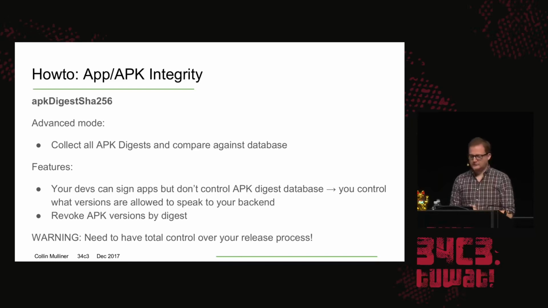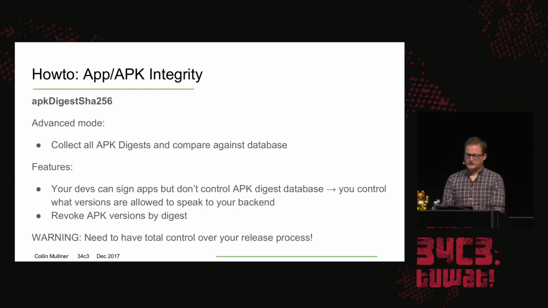With that, of course, it's a little bit more difficult, because that means for every single APK you ever released to the App Store, you have to record the digest of the file, because if you didn't do that, you will just reject people and say, hey, we don't recognize this app.